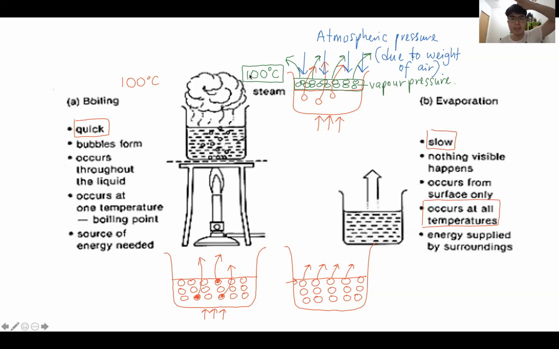Less air means less weight. Less weight means less pressure. So the atmospheric pressure up there is less than at our ground level. So the boiling point of water is different up there. The atmospheric pressure will affect it.